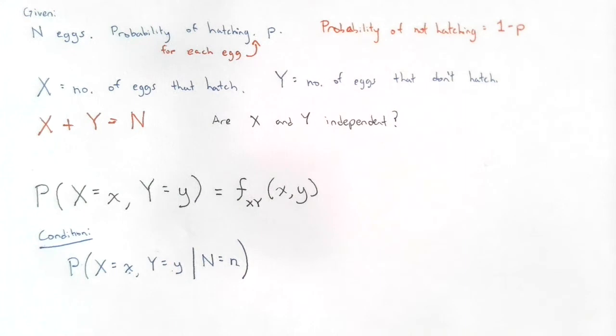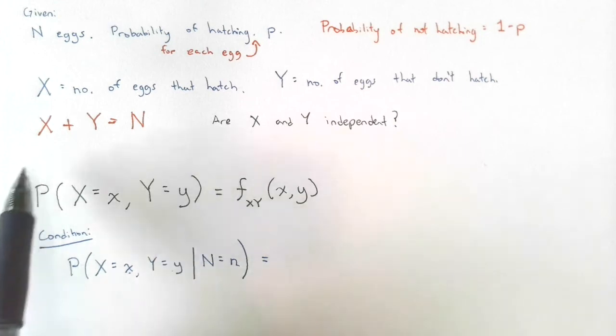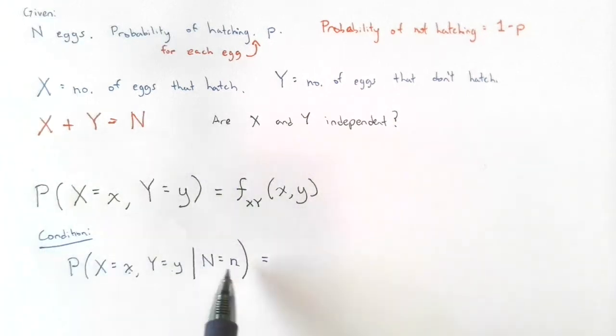But how does that work? We need to find a way to express this in terms of our final answer, which is what we're looking for. In the end, we're looking for this. I'm conditioning it, but how is this related to this? Let's think of the conditional probability equation.